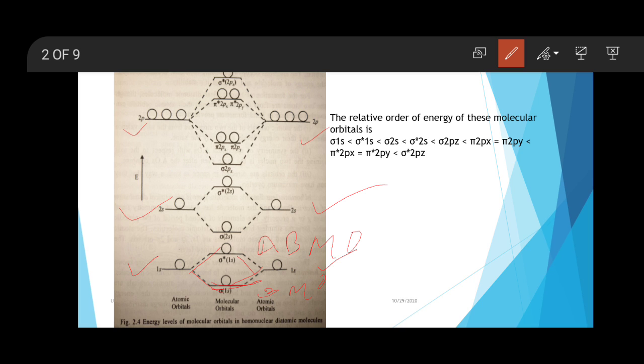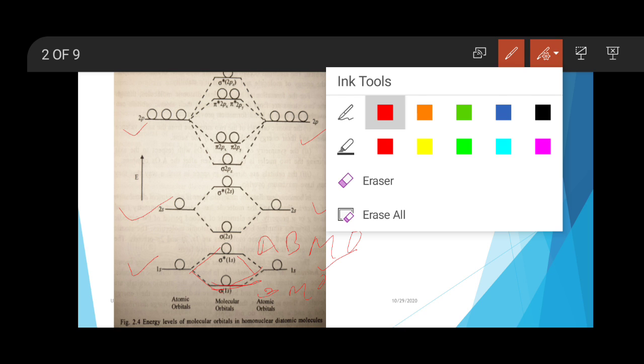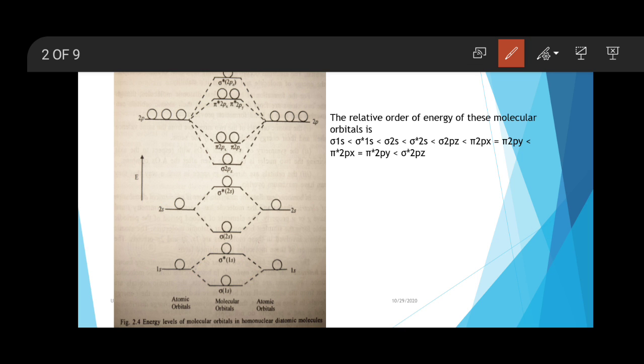When 1s overlaps with another 1s, that overlap is an axial overlap which results in the formation of the sigma 1s bonding molecular orbital and the sigma star 1s antibonding molecular orbital. This is the label of sigma 1s and this is the label of sigma star 1s antibonding molecular orbital.